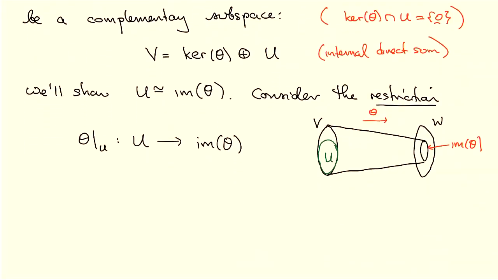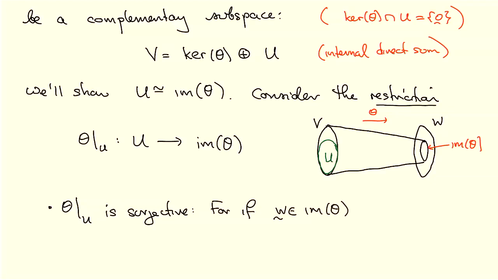So firstly, let's check surjective, I guess. Theta restricted to U is surjective. For if we have a w in the image, I have to find a u in U such that theta of u equals w. Well, to be in the image, I'm theta of something, but something in V. So w is theta of v. That's the definition of being in the image.